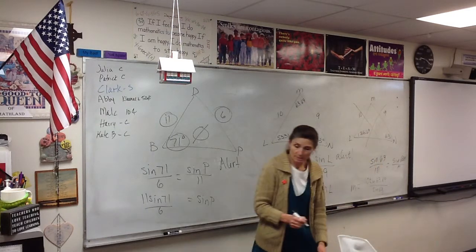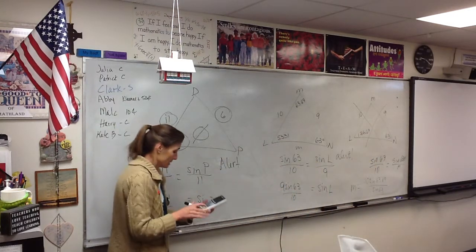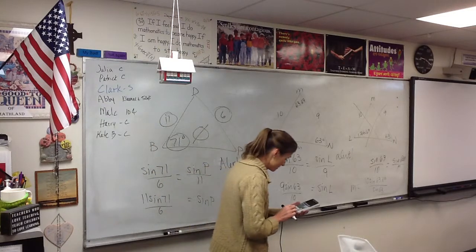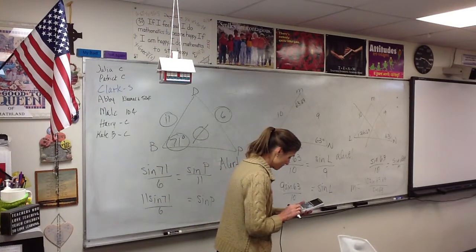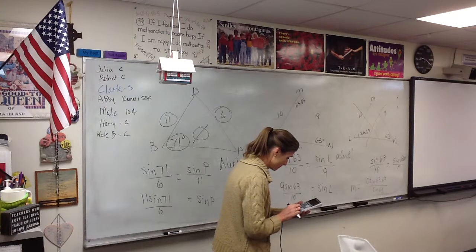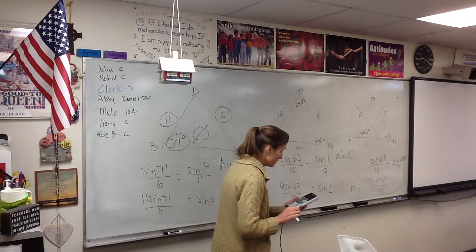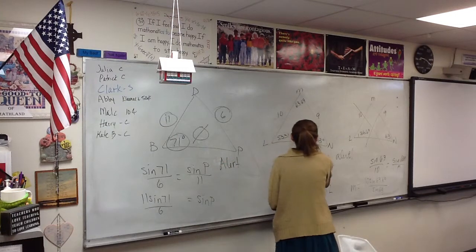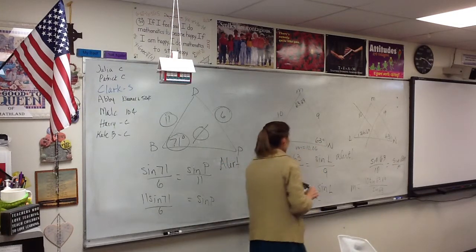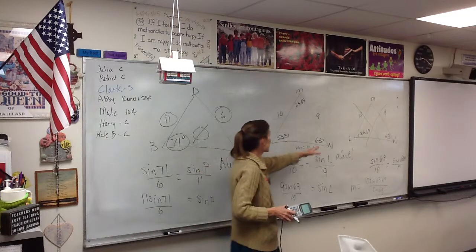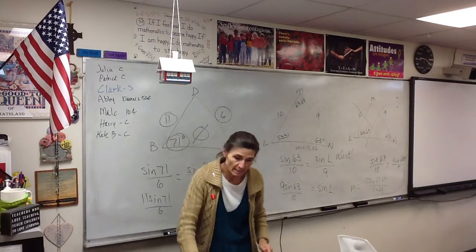It's got to be close to 10, isn't it? 10.06? And that makes sense, doesn't it? Because these two angles are so close, the triangle is almost isosceles.